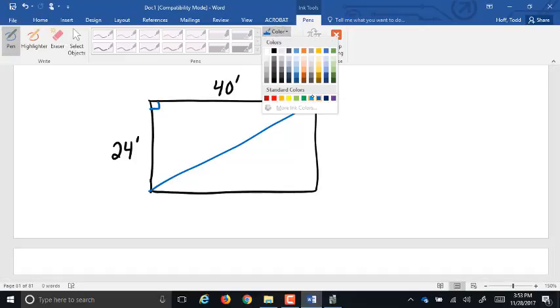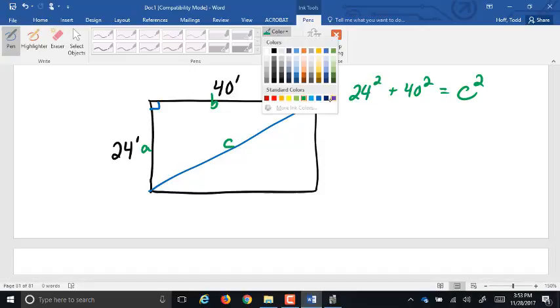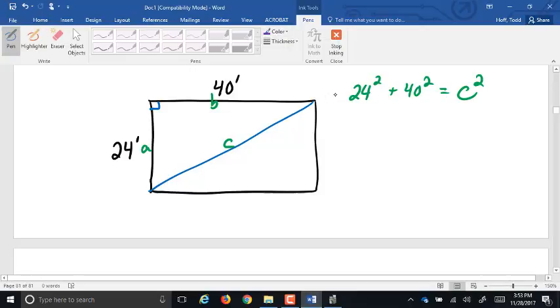That'll be a right angle. This will be sides A and B. Doesn't matter which is which. The diagonal is side C. So it's 24 squared plus 40 squared equals C squared. And now we go ahead and solve it. So 24 squared is 576. We do 40 squared, which is 1600.